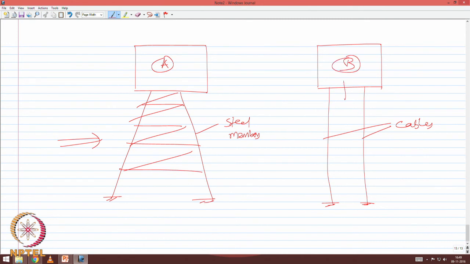Since in B buoyancy exceeds the weight, there is a net upward force which is unbalanced. To balance the net upward force, I provide cables which are under tension.